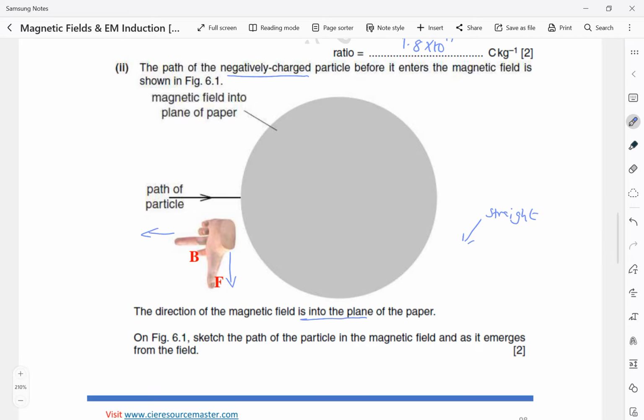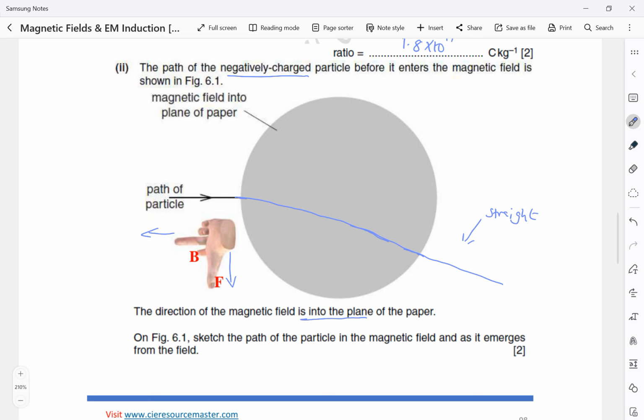As soon as the particle enters the field, it curves like that. And I say this part here should be a straight line, which should be a perfect tangent to the curve.